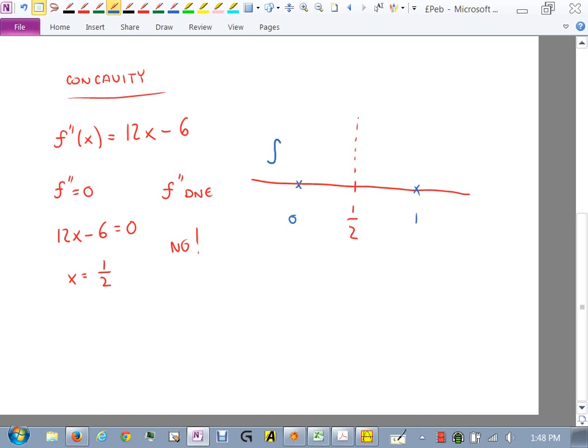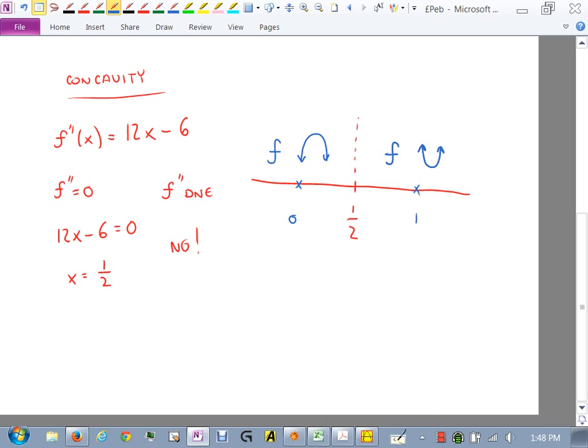The original function is concave down. Negative people frown. Plug in 1 into the second derivative, I get 12 minus 6, which is positive. That means the original function is concave up here. Do I have an inflection point? A change in concavity? It's happening at 1/2.